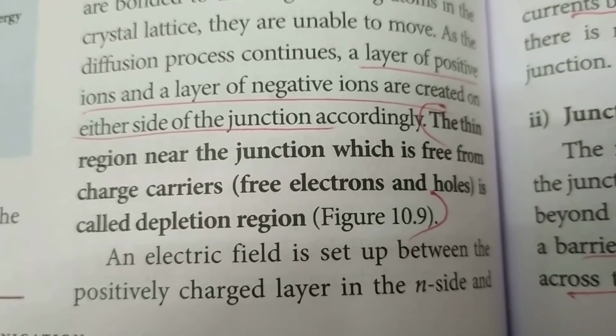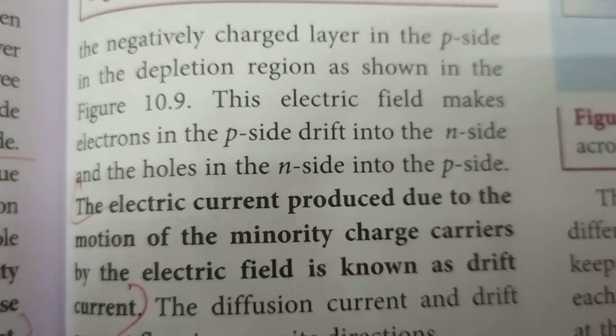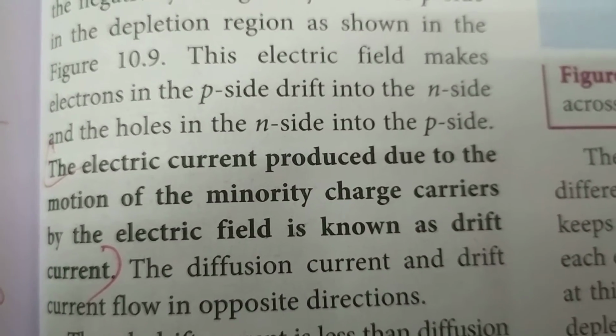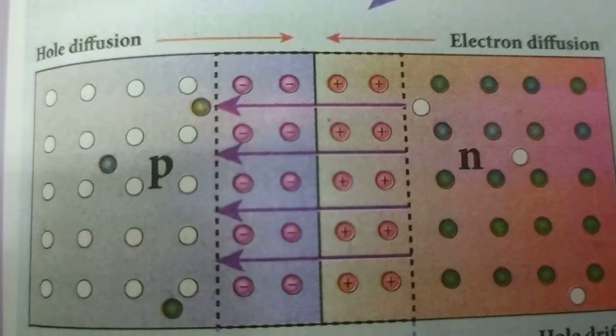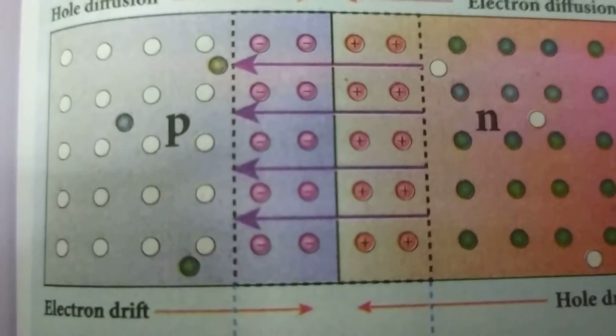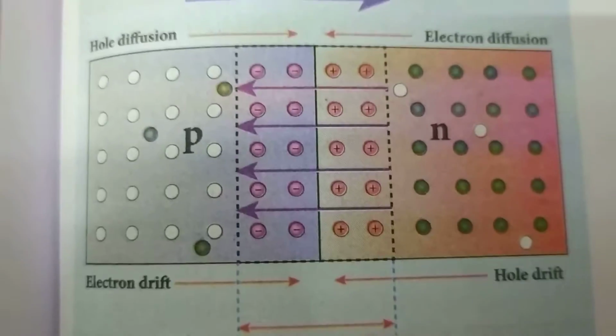An electric field is set up because of these positive ions and negative ions, and an electric current produced due to the motion of minority charge carriers by the electric field is known as drift current. The drift current and the diffusion current are always opposite in nature.